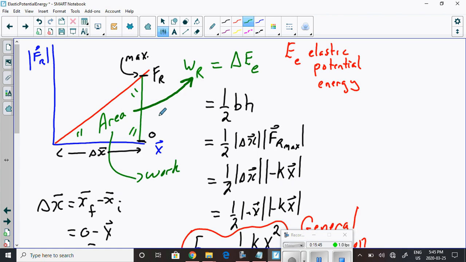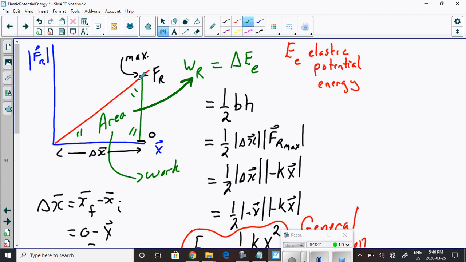We're not changing the gravitational potential energy. And when I stretch the spring as far as I can possibly stretch it and then stop it, the object's not moving, so there isn't kinetic energy when I've stretched it to its maximum position. So the work that was done had to go somewhere. It went into this new type of energy called elastic potential energy.